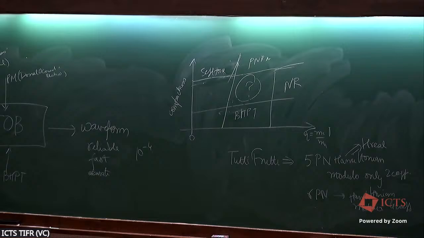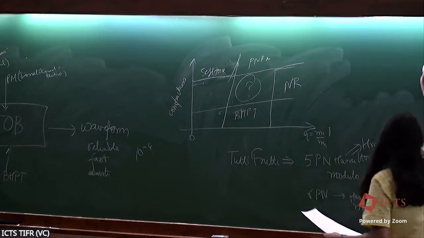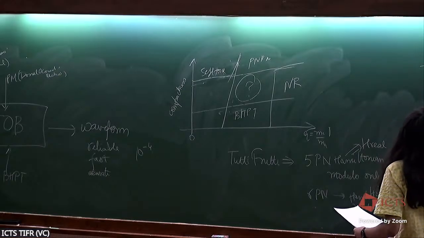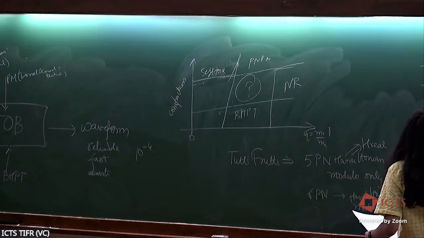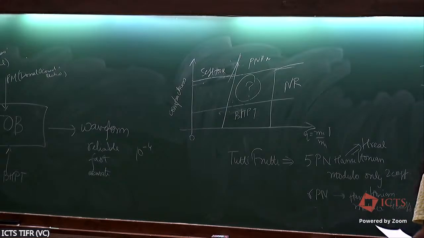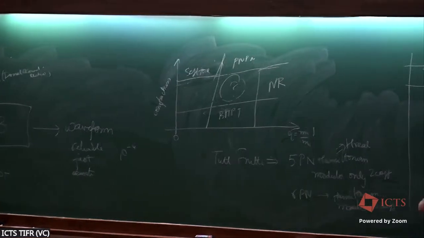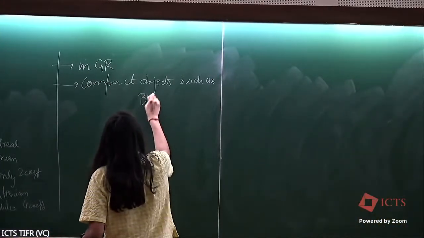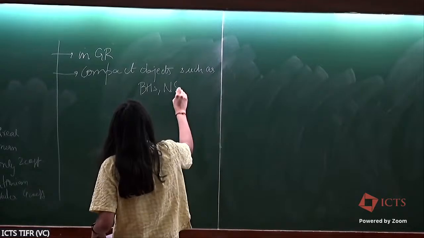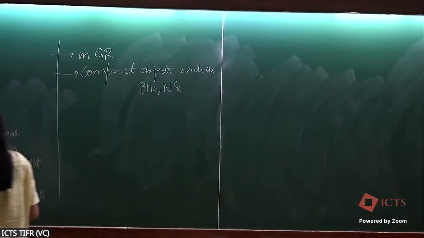Now, if one would also like to probe maybe something else which is not GR, because everything that we did so far was in GR. Compact objects such as black holes, this is what we focused on so far.